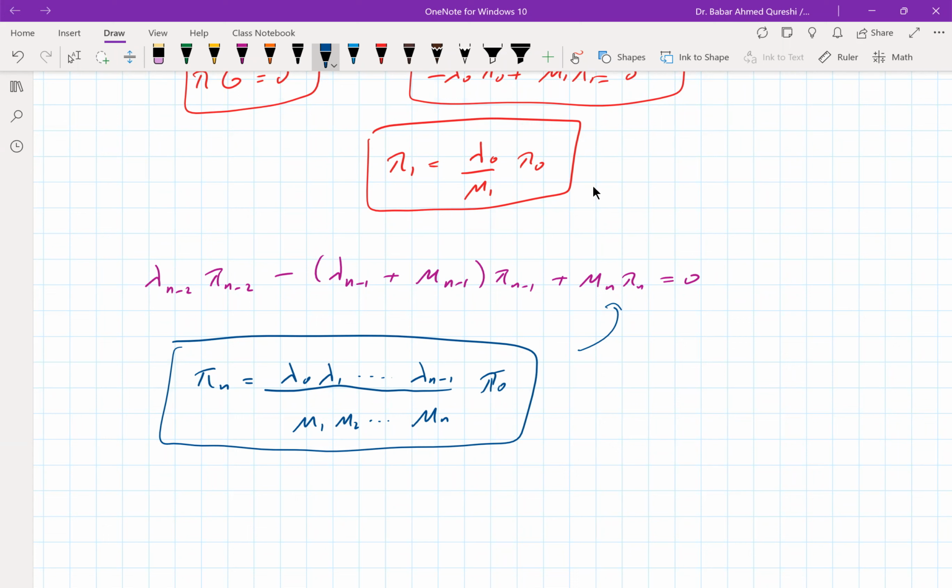So as you can see, if I put pi n minus 2, I will have lambda naught up to lambda n minus 3, but then this will provide me lambda n minus 2. So I will have lambda n minus 2, and over here mu n minus 2.